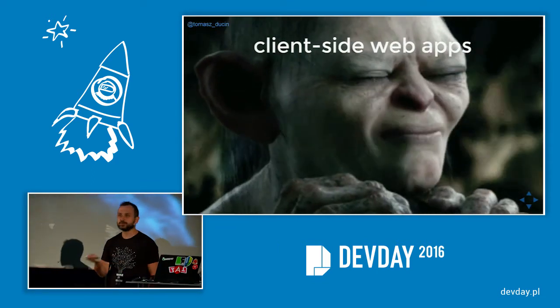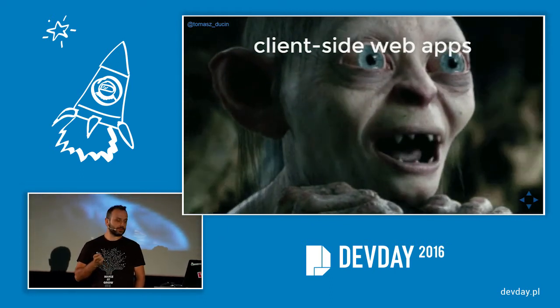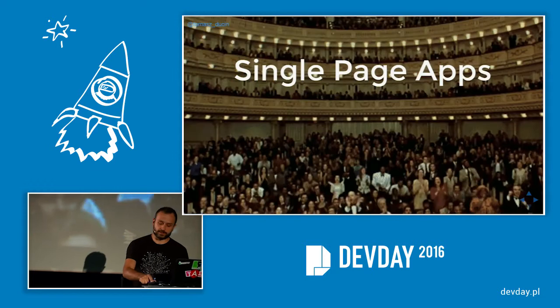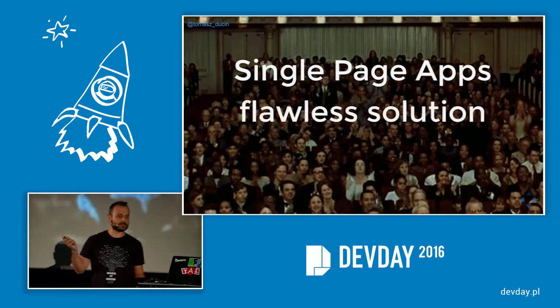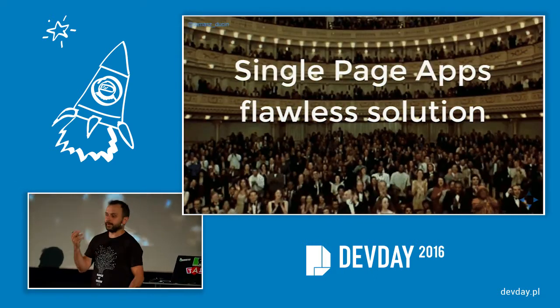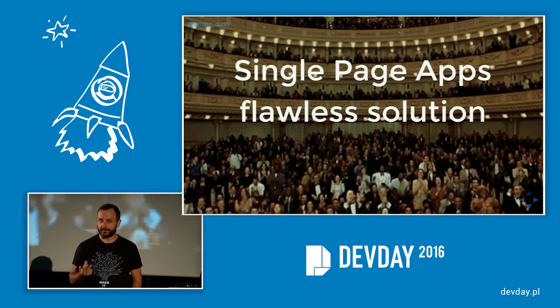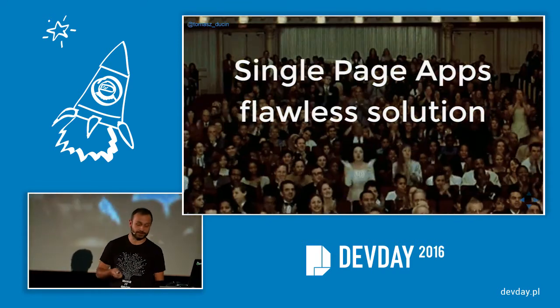This is something that we want to work right now. And actually, when we do new projects, everybody is talking about single-page applications as if it was some kind of flawless solution, right? But the thing is, whenever you benefit from something, you never get it for free, right? There is always some cost for that.